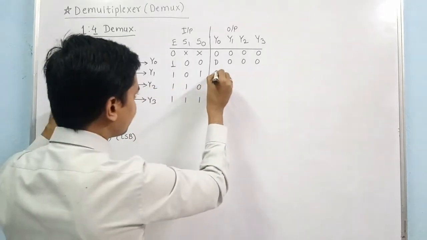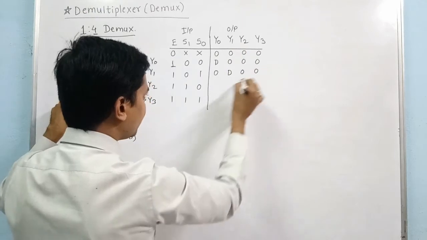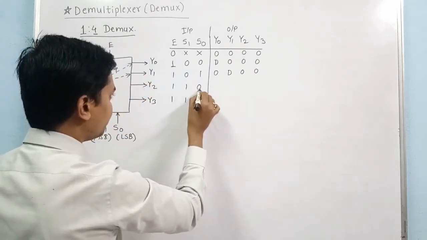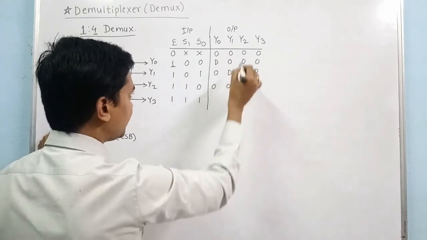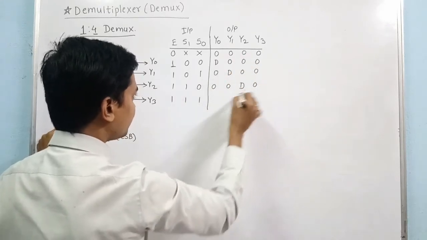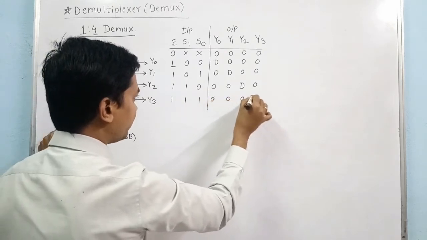For 1 0 combination, D will be sent over the Y2 line, and for 1 1, D will be sent over the Y3 line.